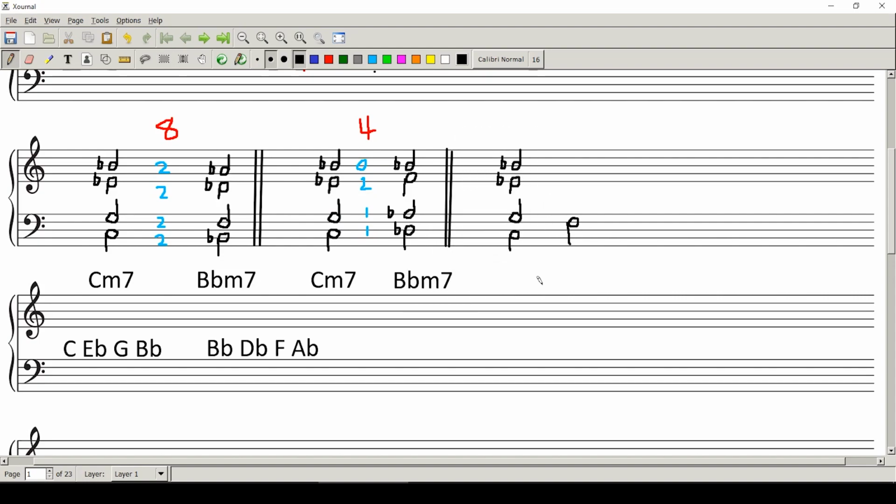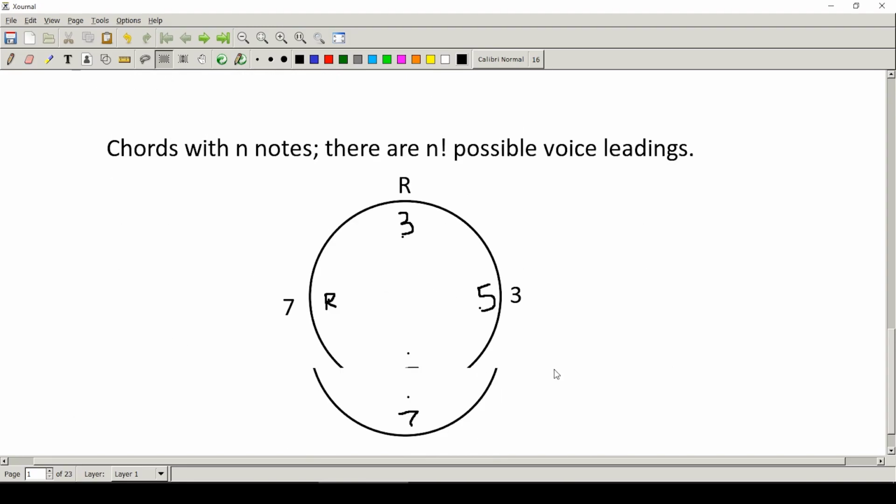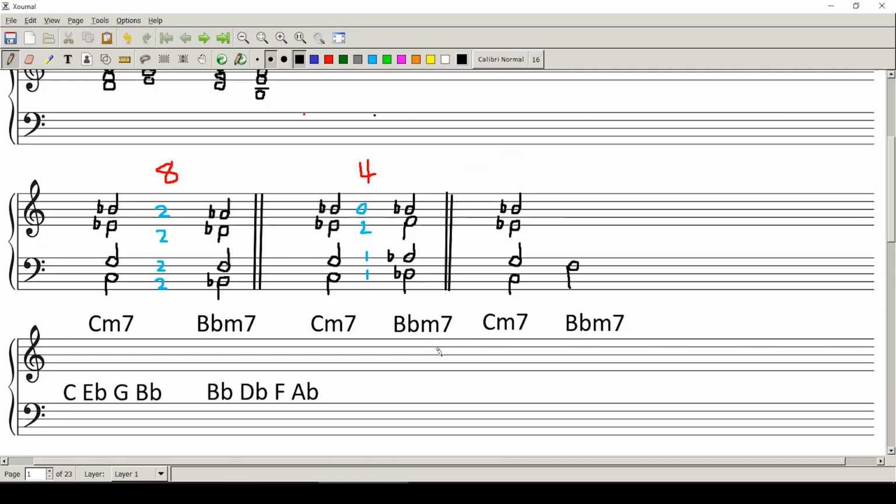But just to demonstrate the principle of how this would work, if I were taking the root to the fifth, that means that the root becomes the fifth, the third becomes the seventh, the fifth becomes the root, and the seventh becomes the third. Here that's going to cause a lot of work for us.